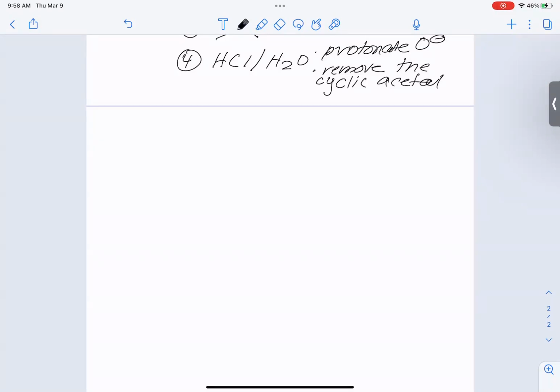Could you show what the NMR would look like for the desired product? Is it different? All right, one, you would have way more signals because there's no symmetry here.